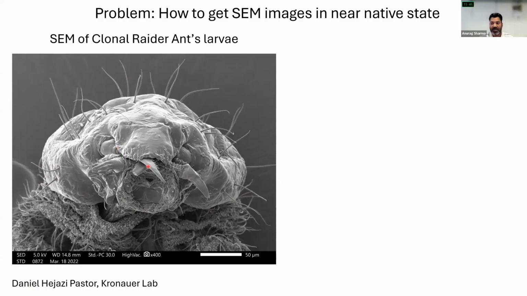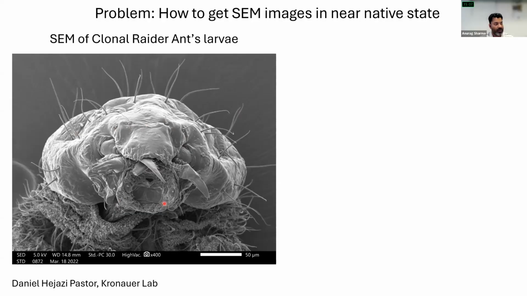We fixed the sample using the conventional scanning electron microscopy method. We did critical point drying and everything, and this is the outcome of the process. The image looks collapsed, meaning the larva got collapsed during the chemical processing of the larvae. So we were not happy. Though we could see most of these sensilla, we were not very happy with the outcome.